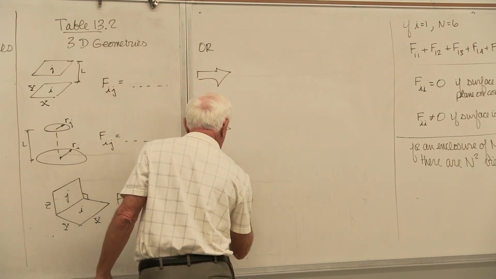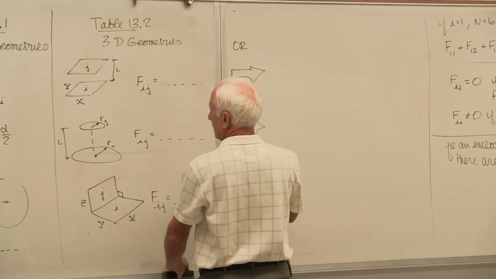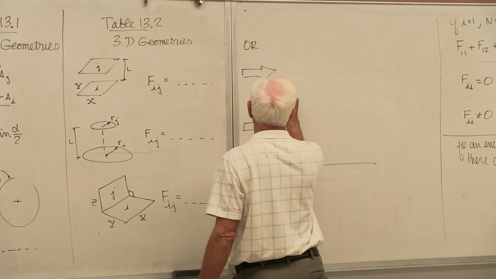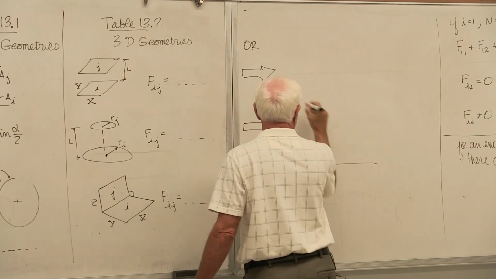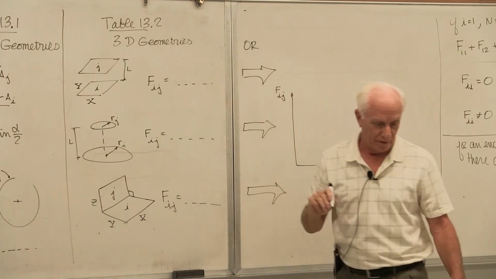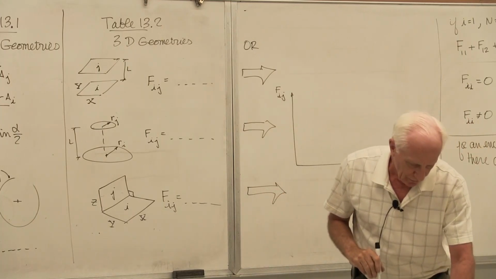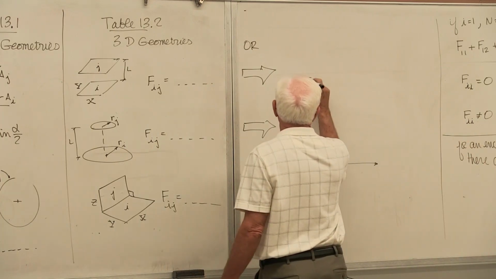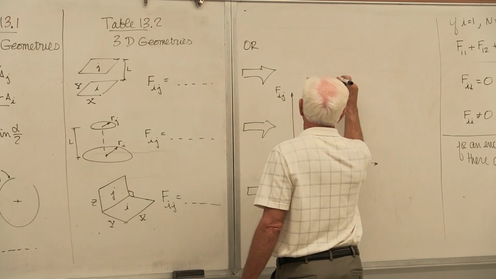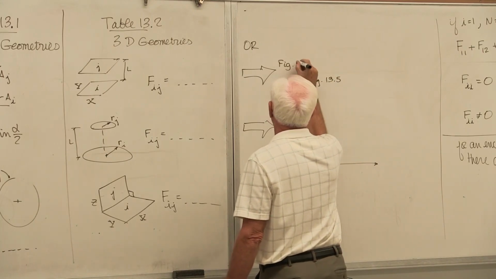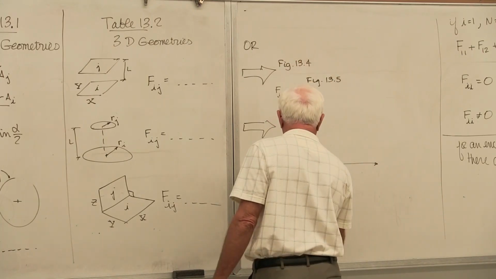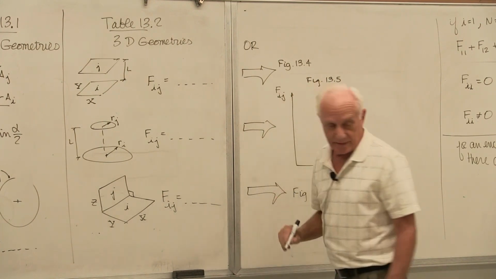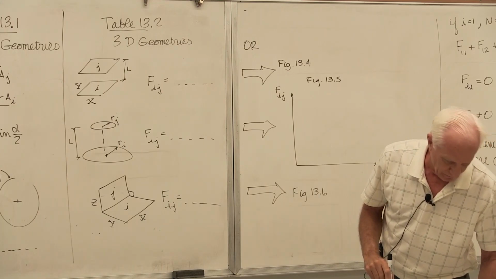I'll just put a couple on here. I'll put this one on here for you. This is Fij. This is figure 13.5. This one is figure 13.4. This one is figure 13.6. The x-axis is L over Ri.